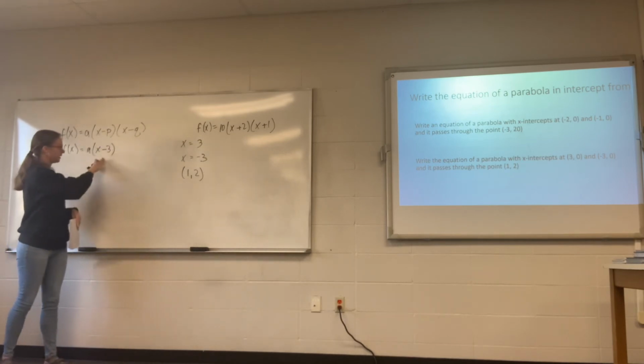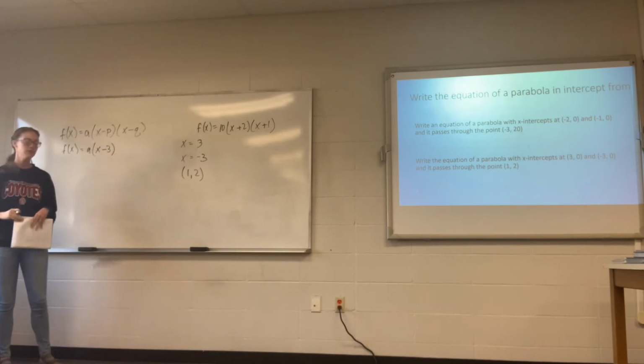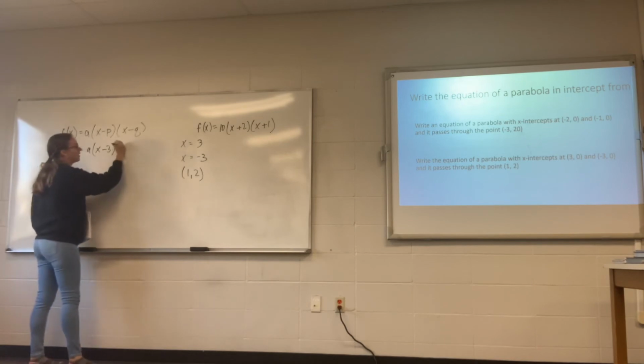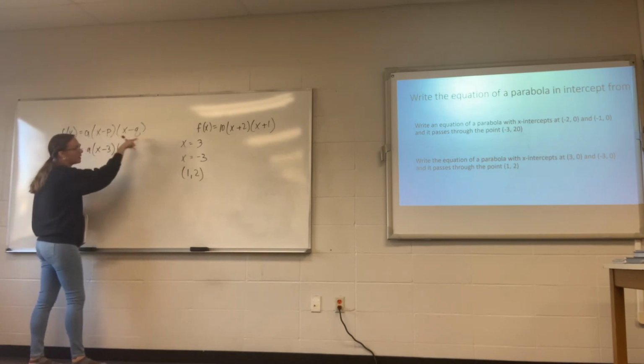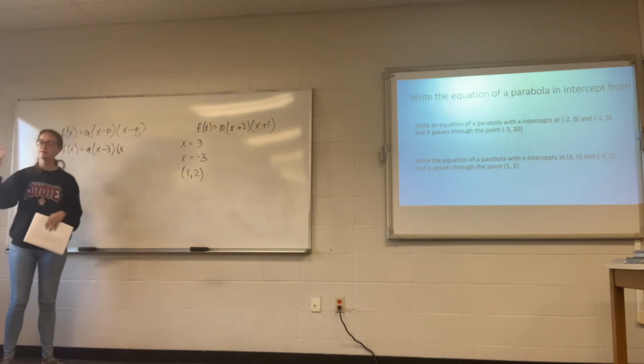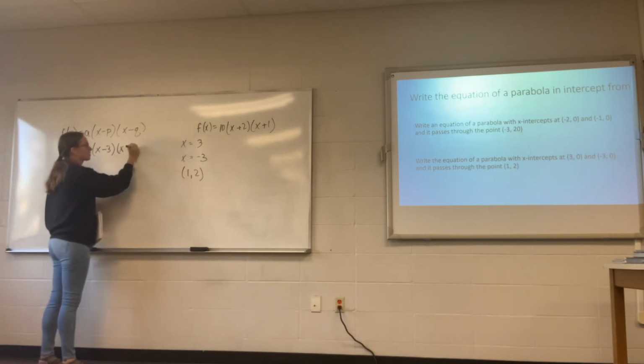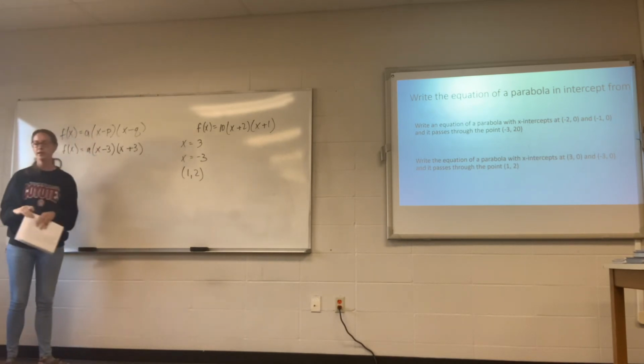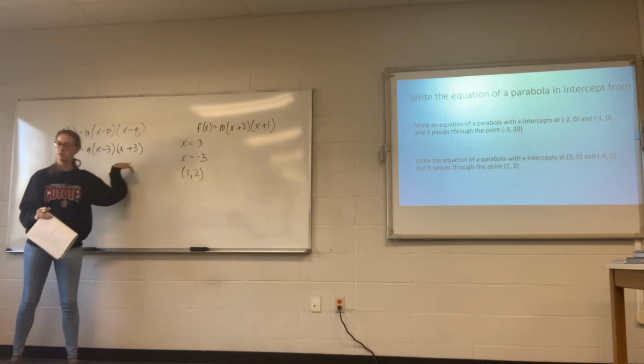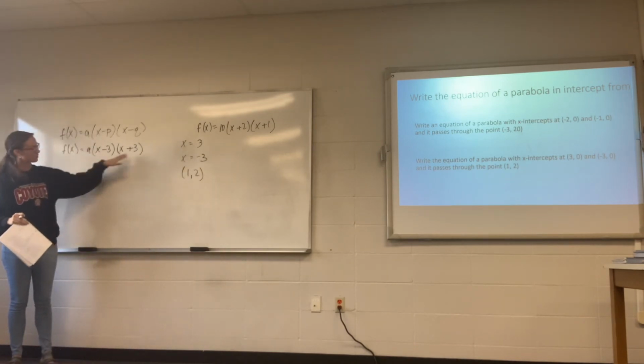Then I have x minus -3, so x plus 3, which is opposite of what it was. Okay, so I have (x - 3) and (x + 3).